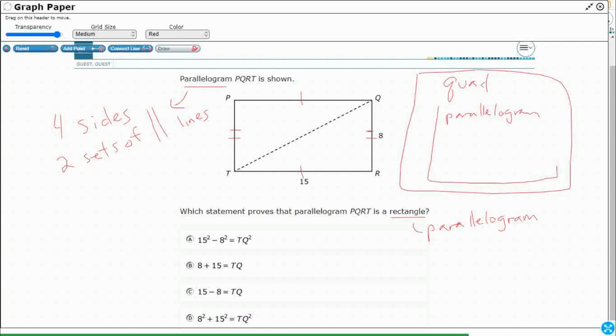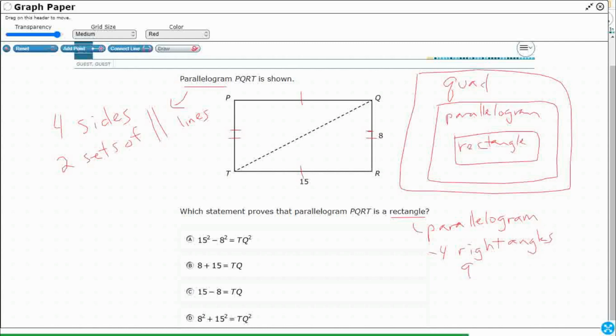And then inside that parallelogram we've got a few things, but one of the things we'll be looking at is a rectangle. So what makes a rectangle a rectangle? Well, it is a parallelogram, but it also has four right angles, or four 90-degree angles. So that's what we need to prove.